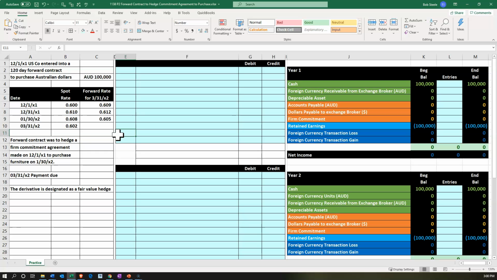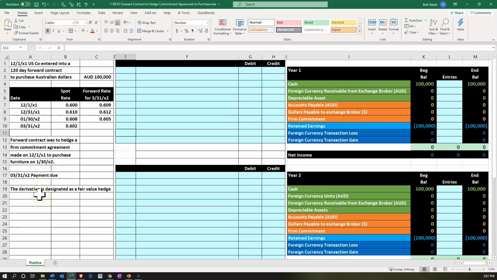The forward contract was to hedge a firm commitment agreement made on 12/1/X1 to purchase furniture on January 1st, X2. So now we have a commitment to purchase the furniture that happened in December, but we didn't actually make the purchase until January of the following year.